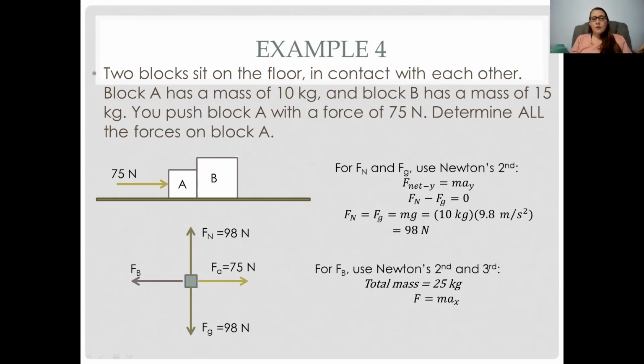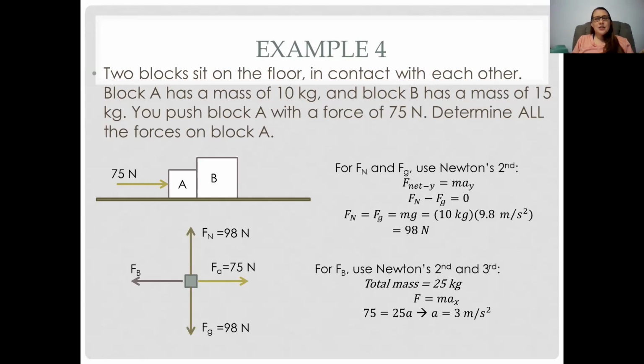So the net force in the x direction equals that mass times the acceleration in the x direction. So our force that we're applying, 75 newtons, equals the mass, 25, times the acceleration. And so that gives an acceleration of 3 meters per second squared. So both blocks are moving with 3 meters per second squared.